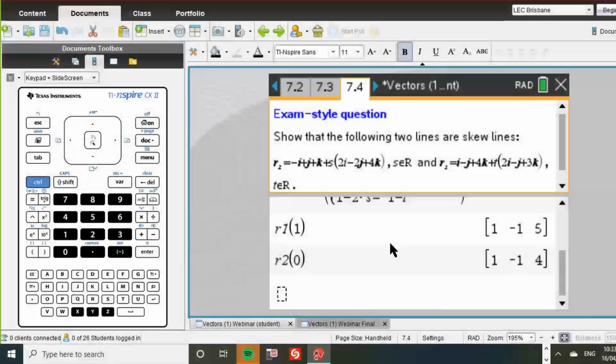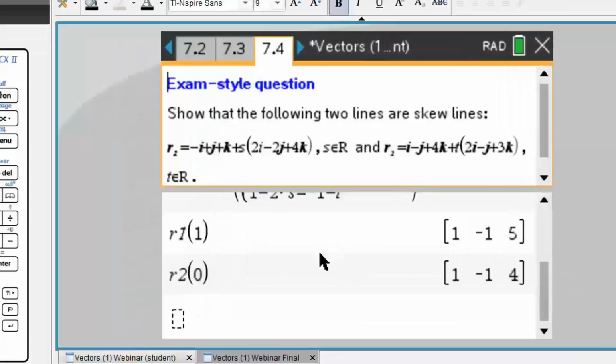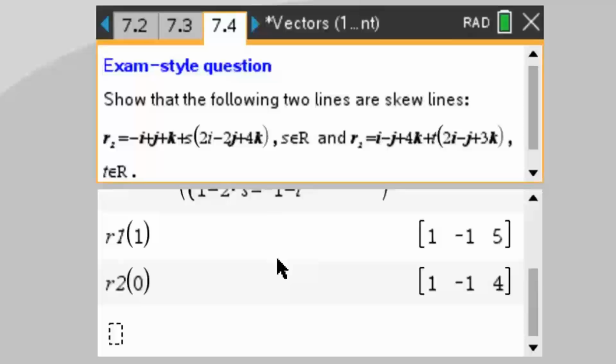Here is an exam-style question which I've completed, and I'll just talk you through it. Show that the following two lines, represented by those vector equations, so they're vector equations of a straight line, are indeed skew lines.